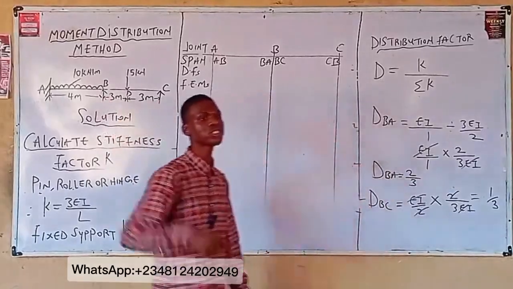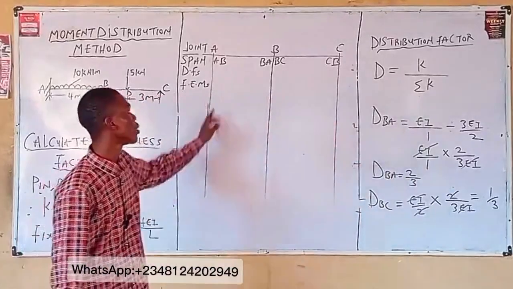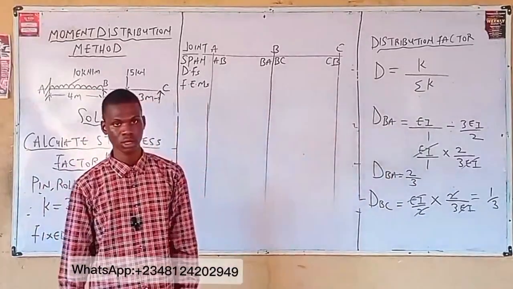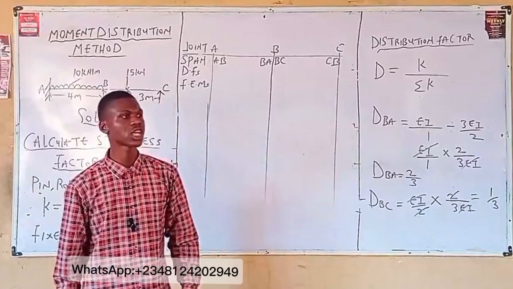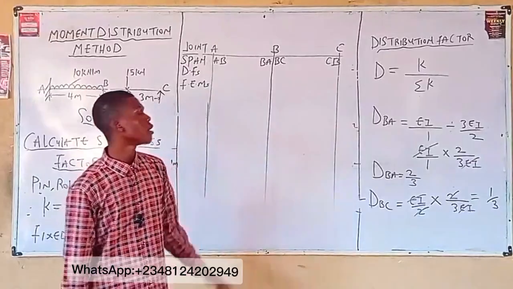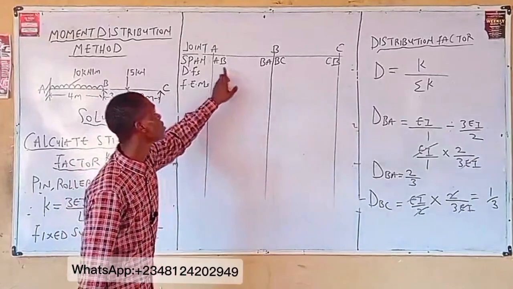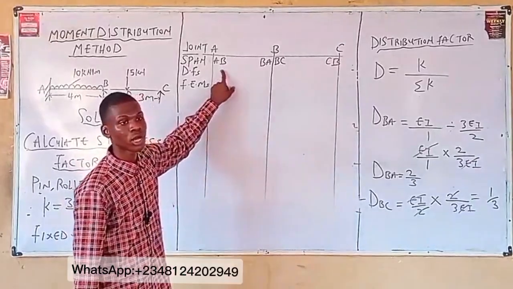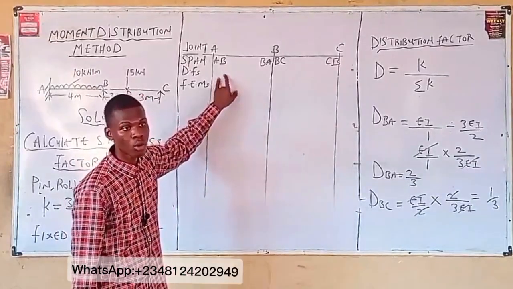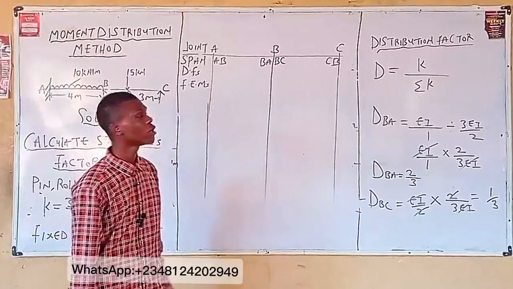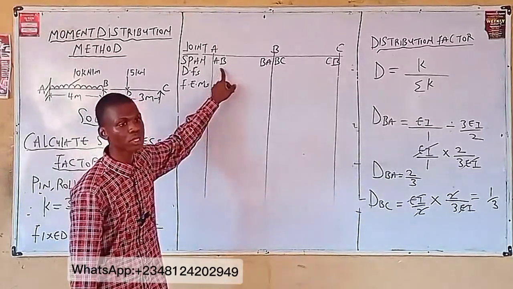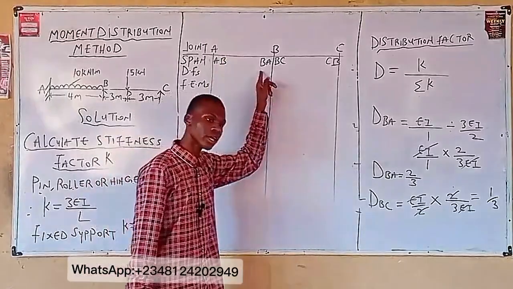Now, check. This distribution value that we've calculated, what are these values? Do you have any distribution factor for AB? No. What about BA?